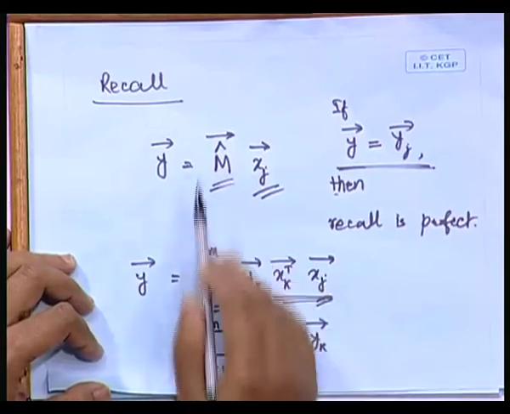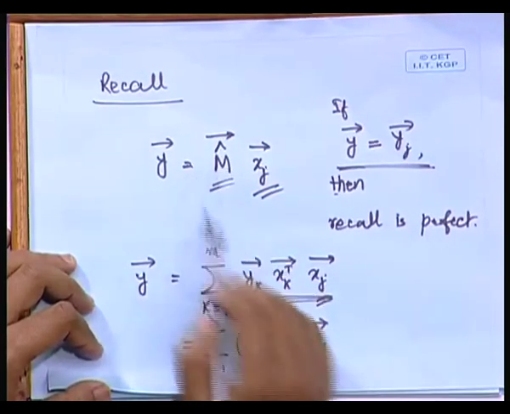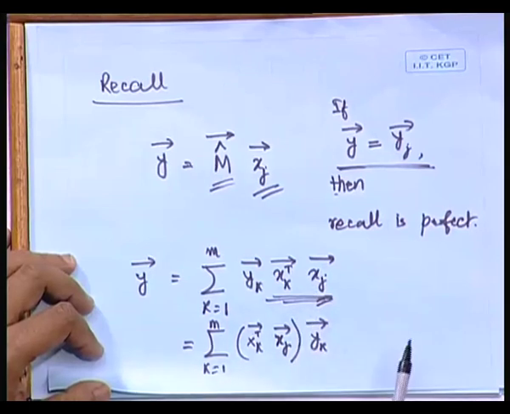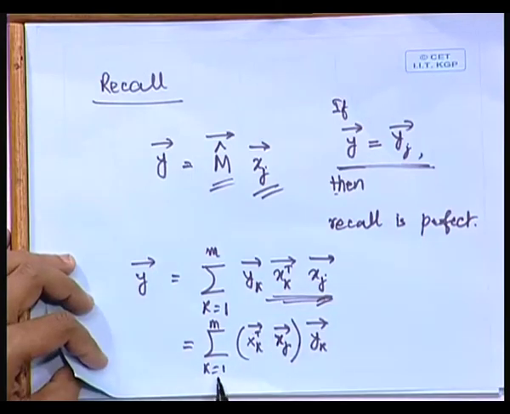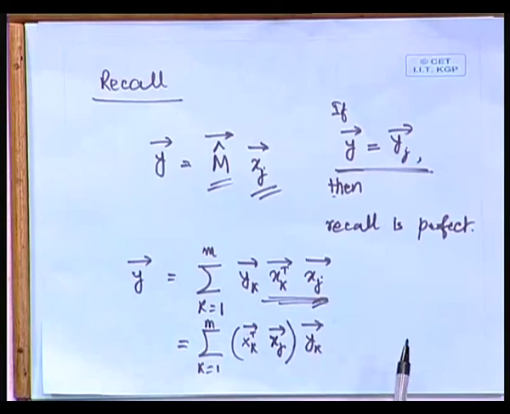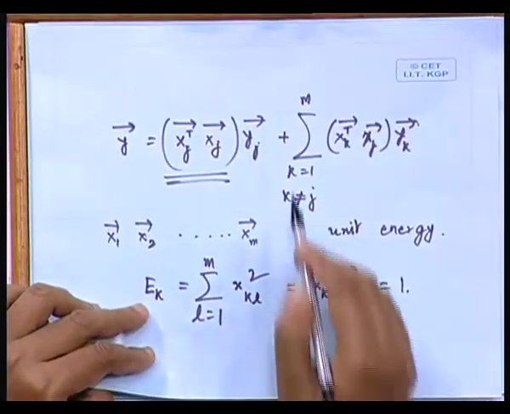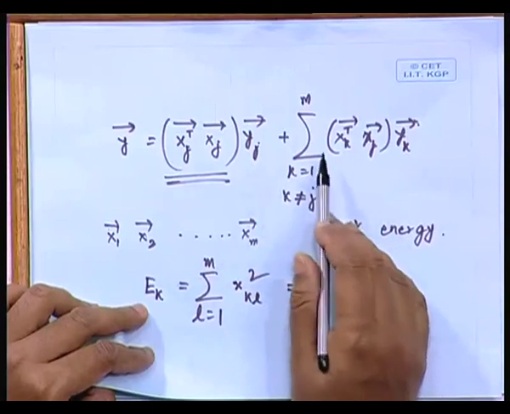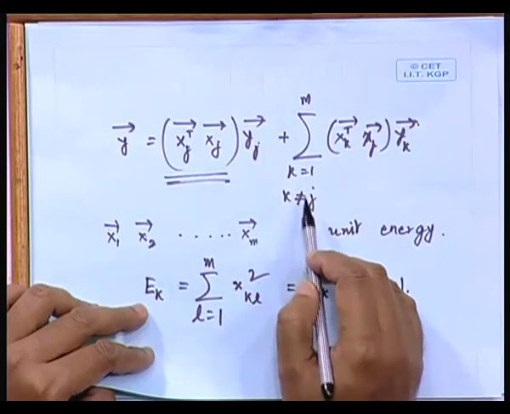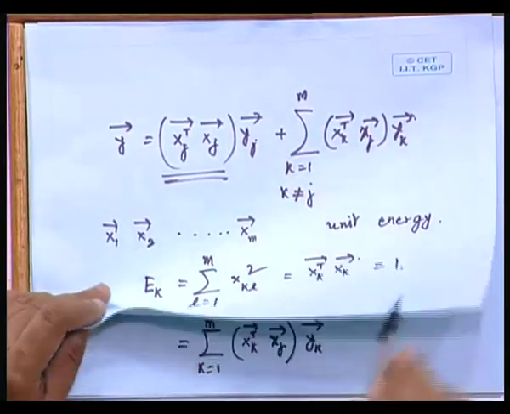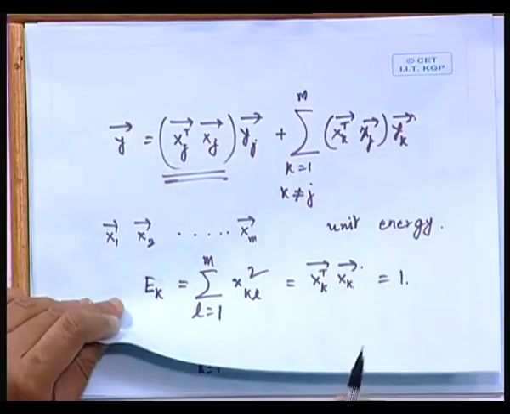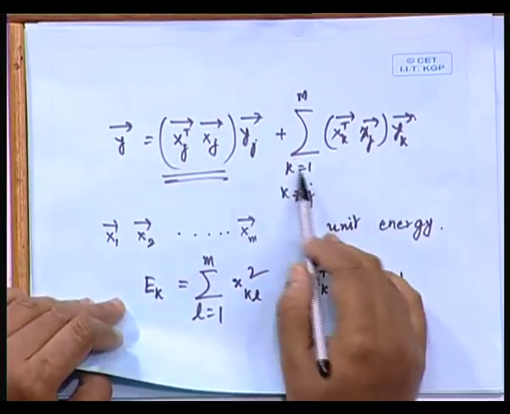By replacing this with the outer product of the vectors yk and xk transpose, and then associating this xk transpose with xj, we got the summation of xk transpose xj times yk, from k equal to 1 to m, which we split up into the j term and the summation of all the non-j terms. That is, we took out of this summation the case where k is equal to j.